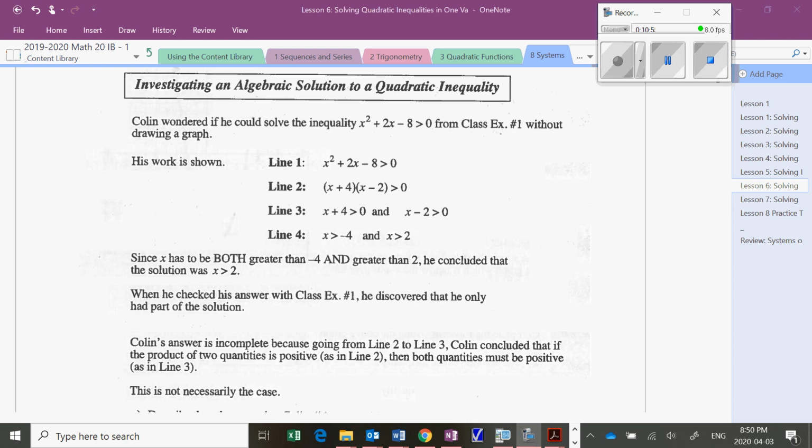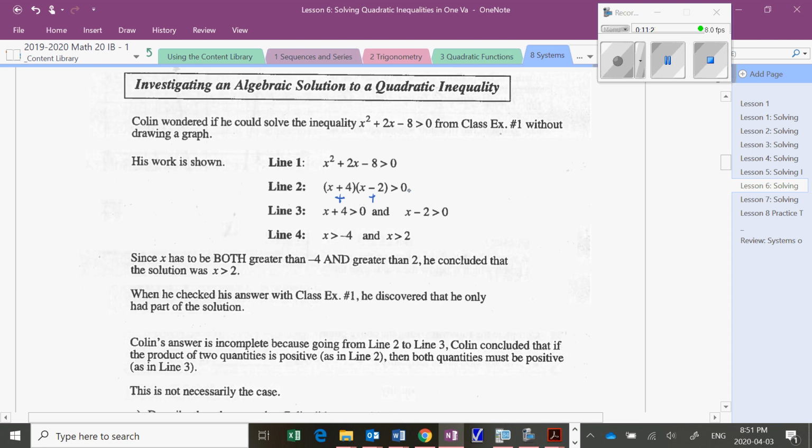And so he recognizes that he needs to factor it, because that's going to help give us the intervals. What Colin recognizes is, if something times something has to be greater than 0, then perhaps both of these are positive, because a positive times a positive is going to give us a positive that is therefore greater than 0.